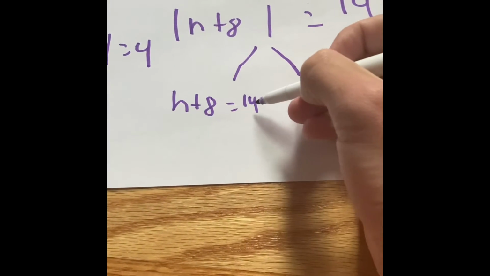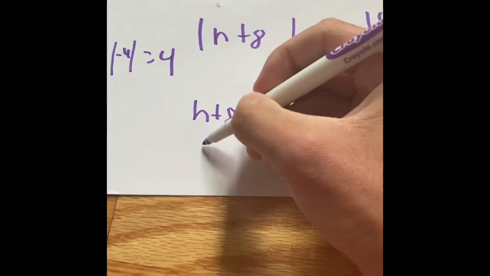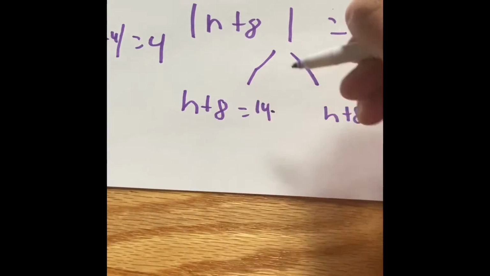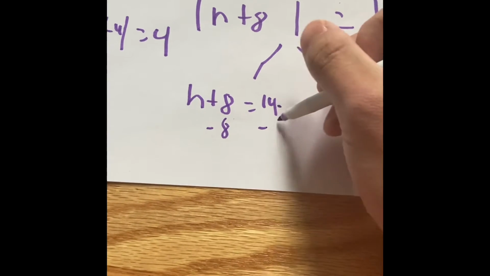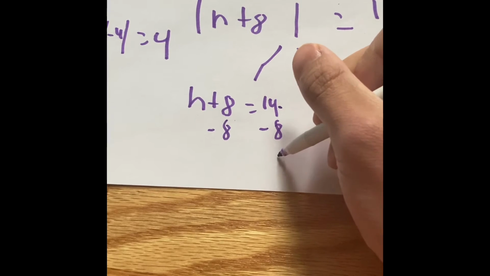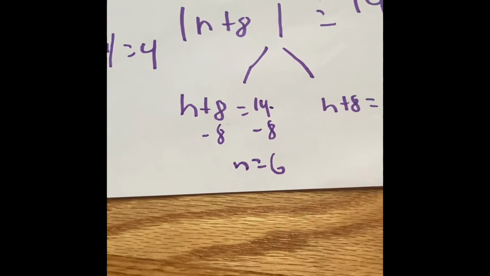So what we're going to do is solve this equation and that equation. We have m plus 8 equals 14, so we subtract 8 from both sides, and we get m equals 6.